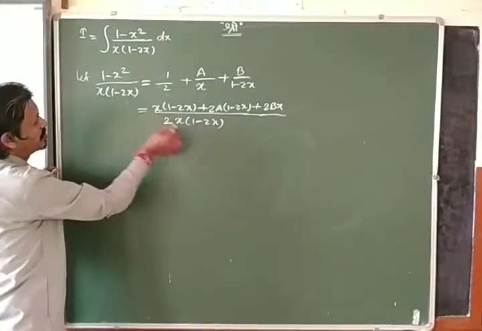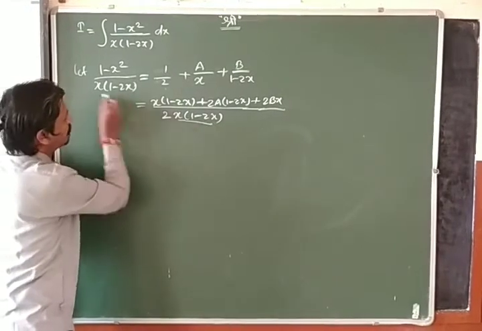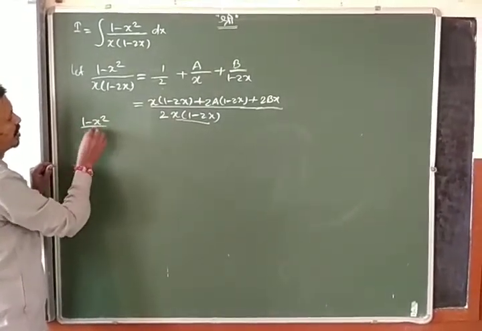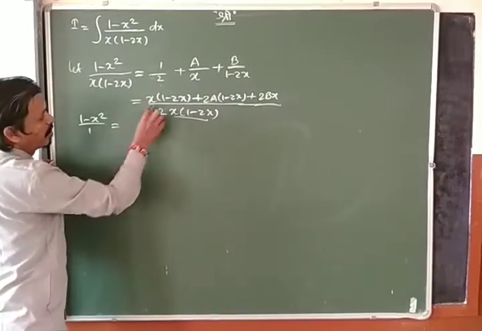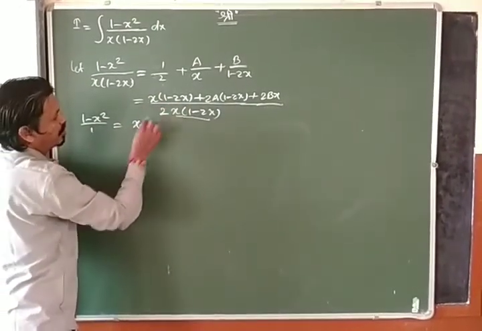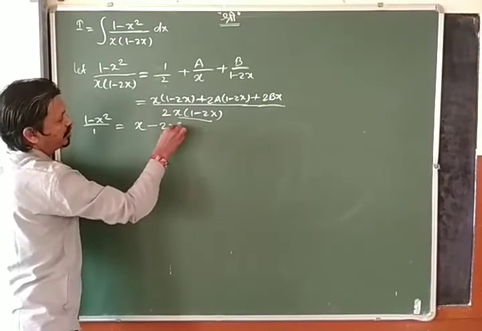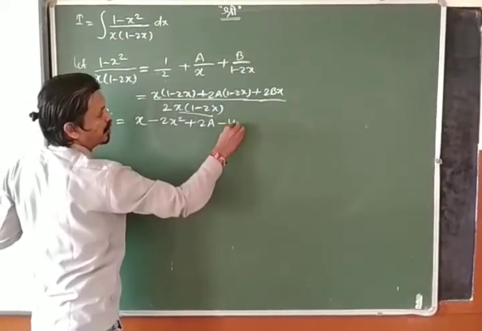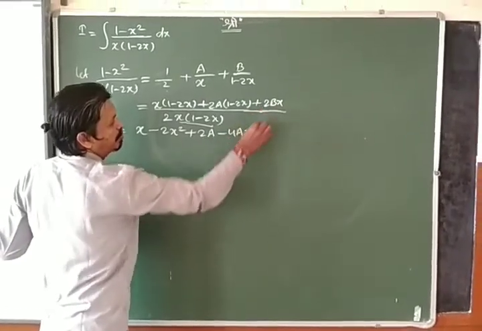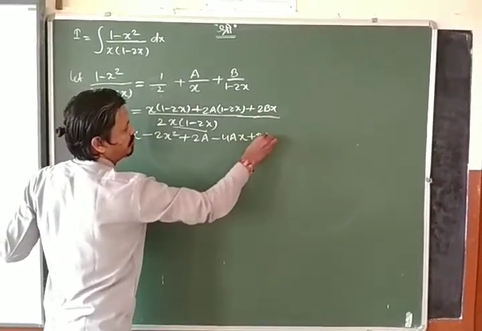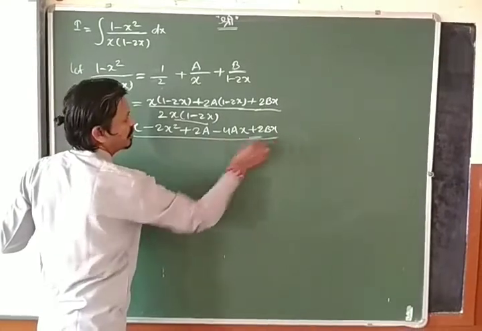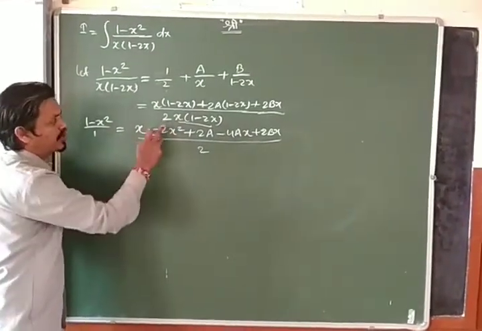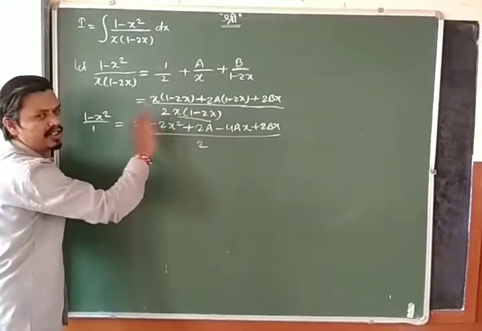Now the denominators are same, so they cancel out and you get 1 minus x square upon 1 is equal to x into 1 minus 2x square plus 2a minus 4ax plus 2bx, upon this 2. Now the 2 will remain here. Many times we make this mistake: we cancel out denominators and forget about this constant.